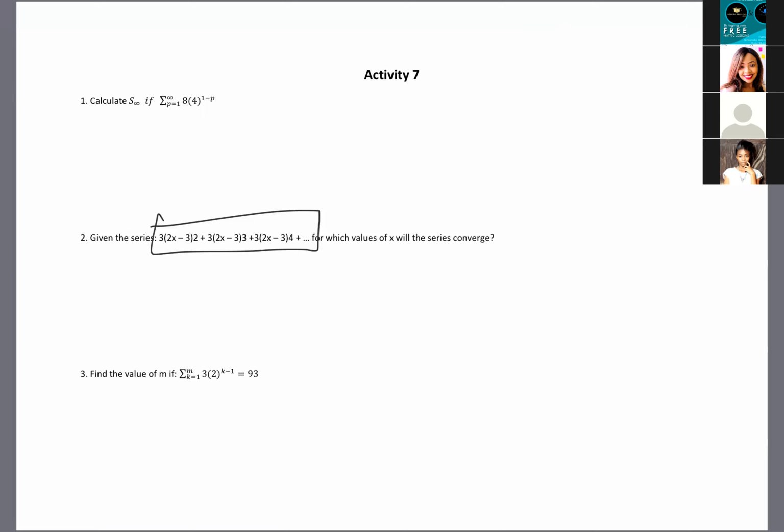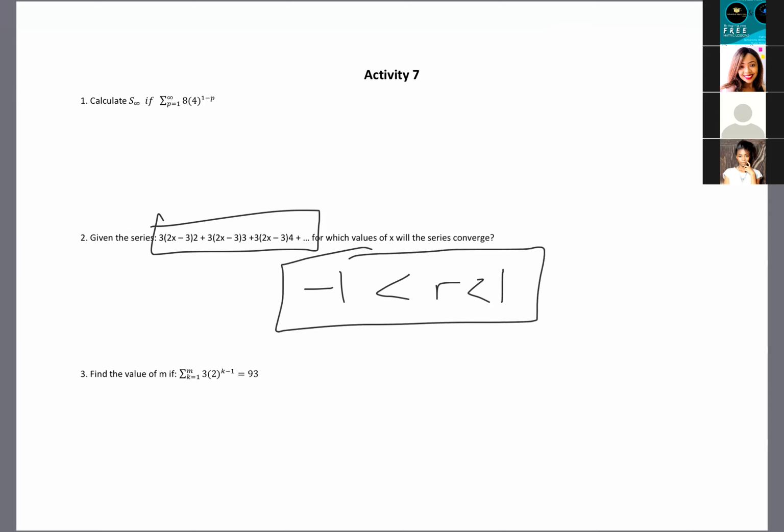Series that converge are between -1 and 1, and they don't increase like the main series. But as long as you know this, this is the most important one.